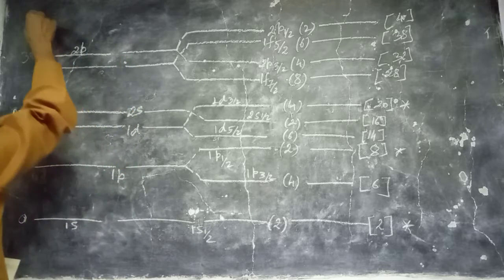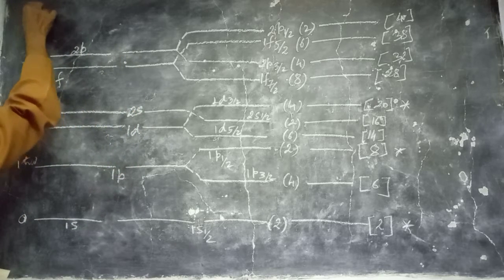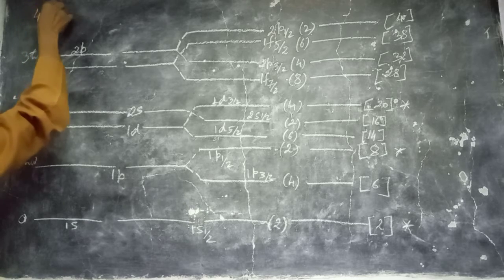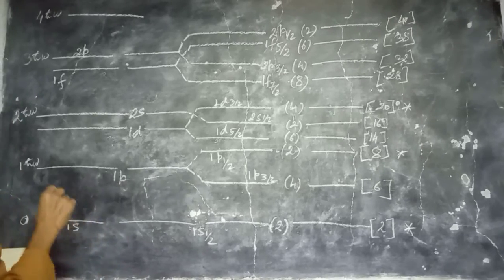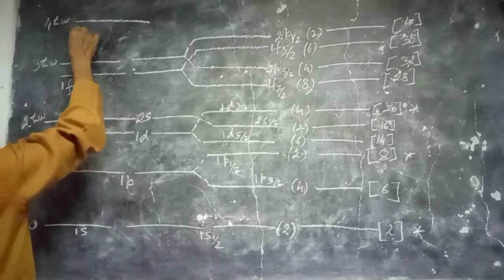And after that, for 4ħω, now here we get 3 levels: 1g, 2d and 3s.